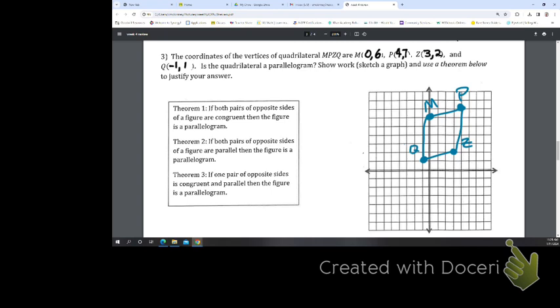You can find distance formula using the points. Remember, that was our big subtract. We can do the whole subtract the x's, square it, subtract the y's, square it, add them together, take the square root. You could do that. That would be theorem 1.